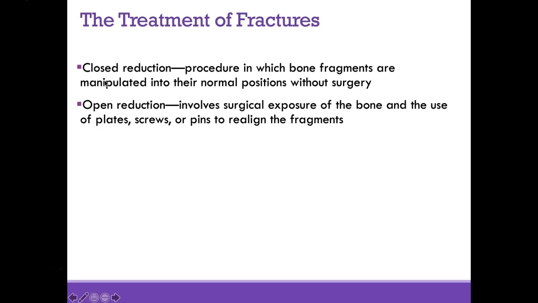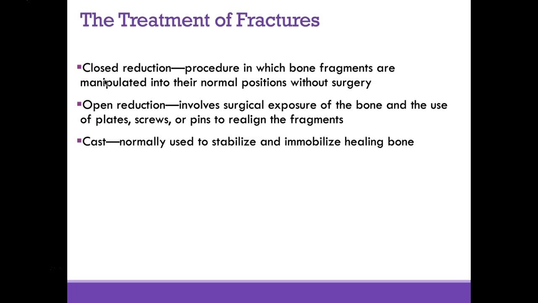Closed reduction is a procedure in which the bone fragments are manipulated without surgery, so with a cast, for example. Open reduction involves surgical exposure of the bone, and you can pin the bones back into position. So you realign the fragments using plates or screws surgically. So there's closed reduction versus open reduction.